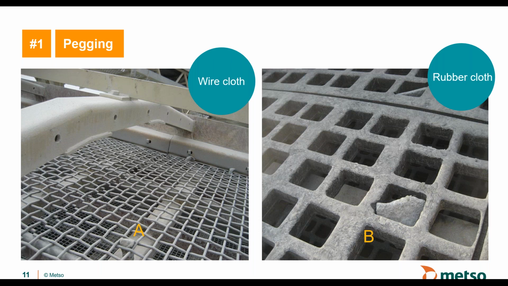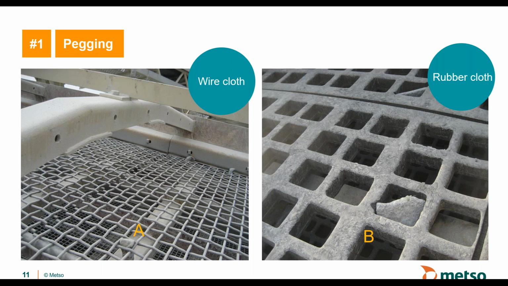And if you look at the rock sitting wedged in location A on the left-hand picture, you can see that the rock is a bit elongated, and it is sitting there tight in the aperture because there's no possibility for that rock to pass through because the crossbeam is in the way. The crossbeam is probably located something like 70, 80 millimeter below the screen cloth.